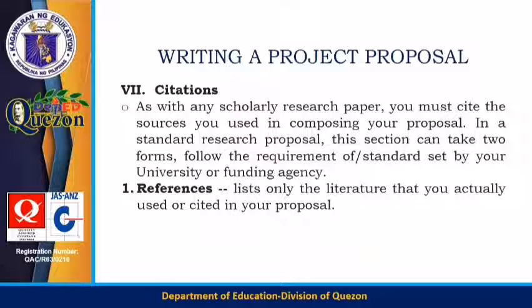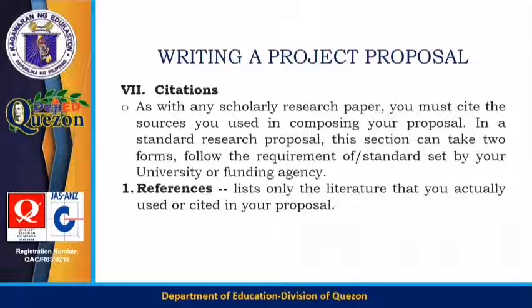And I believe that you had your discussion regarding the citation when you talk about review of related literature and studies. Because when we get ideas from different authorities in the field, we have to recognize these ideas of them. And to do it, we have to indicate the source.